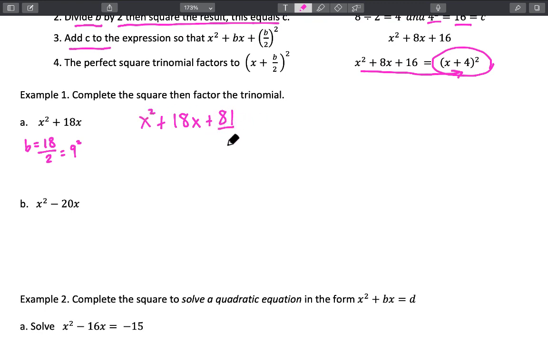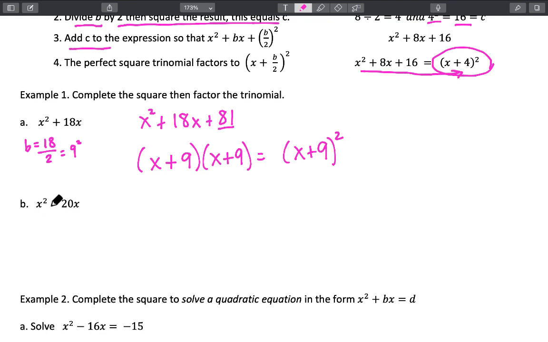One way I can think about this is just factors of 81 that combine to be 18. Well, that is 9 and 9. So this gets factored down to x plus 9 times x plus 9, which is x plus 9 squared. And so we are doing this process of completing the square.